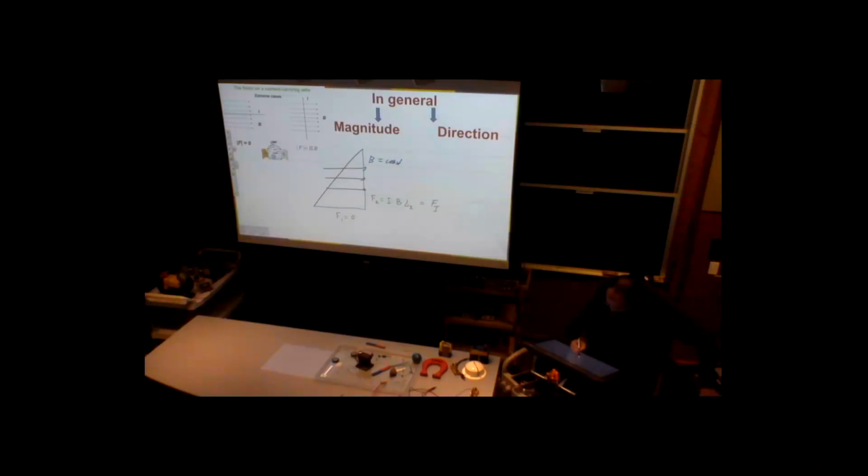So I need a certain angle, let's call it theta, and I can use this triangle, right? Theta. So if I use this triangle, this is the length of the actual wire. Of course, I assume the magnetic field is everywhere.